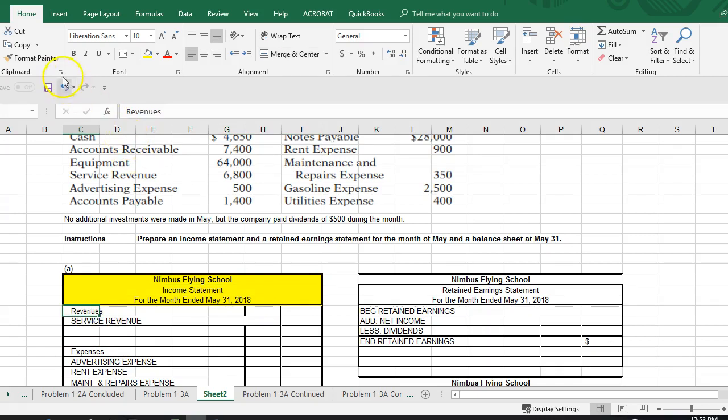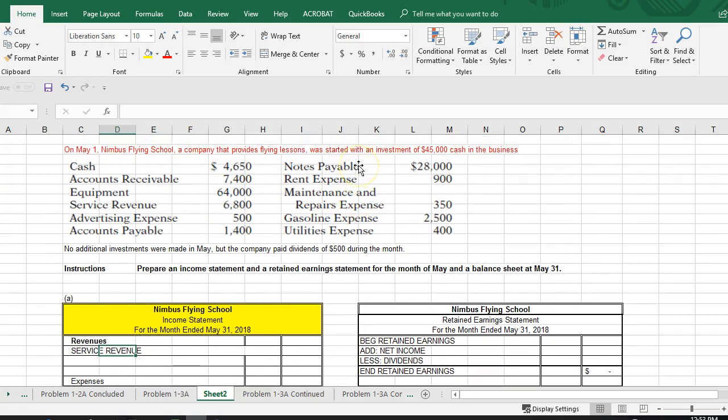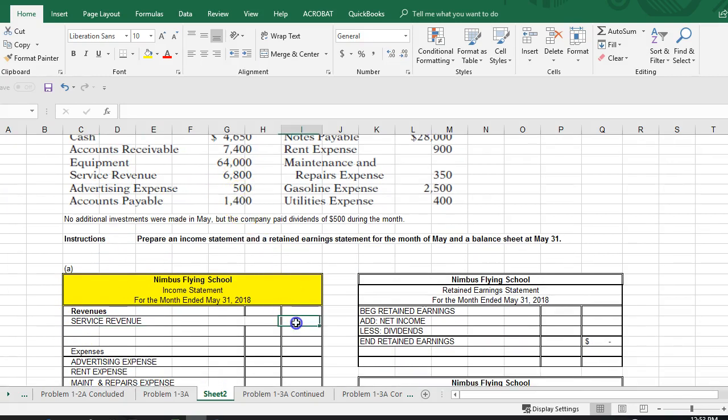First, we're going to list the different revenue accounts that took place during the month of May. So look at all of your account titles and ask yourself which of these are revenue accounts. We only have one, service revenue, which I put on the income statement already, and the amount of service revenue was $6,800.